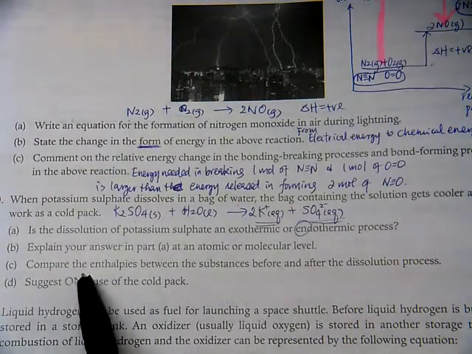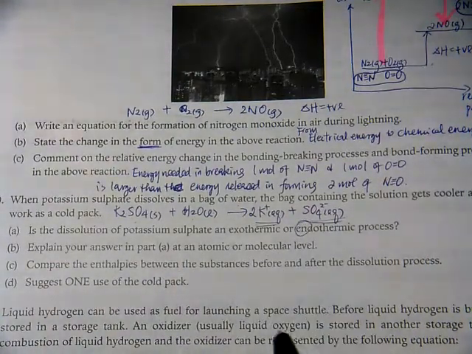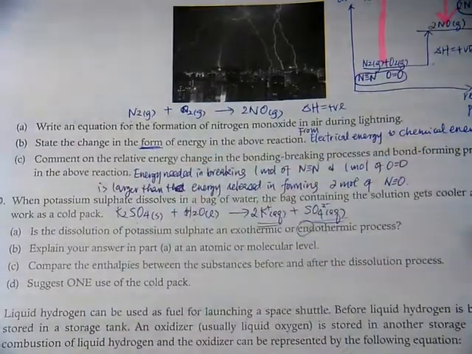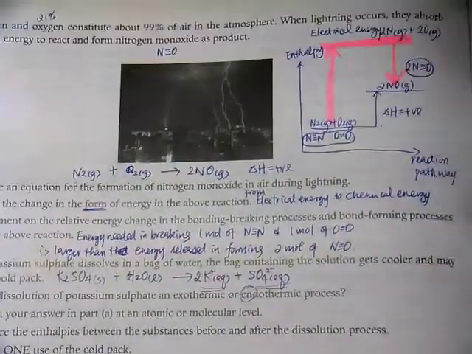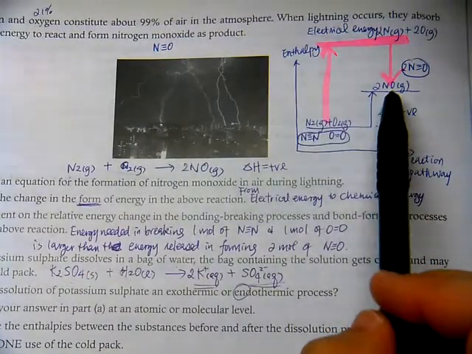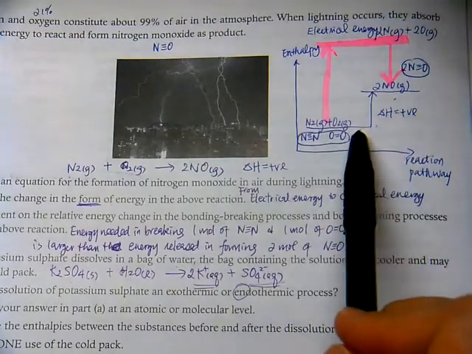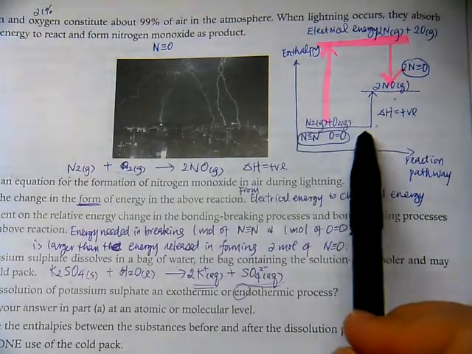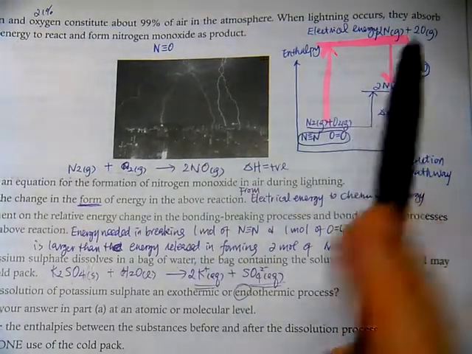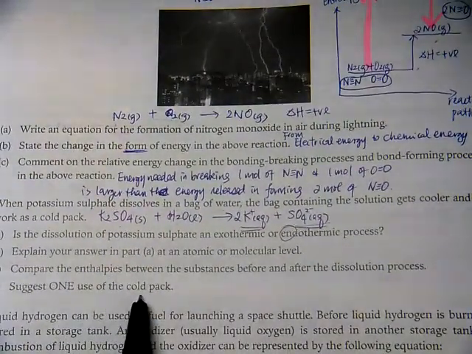Next, compare the enthalpy between the substance before and after. Now, because it is an endothermic process, that means the enthalpy of the substance after should be higher than the enthalpy of the substance before. Next, suggest one use of the cold pack.